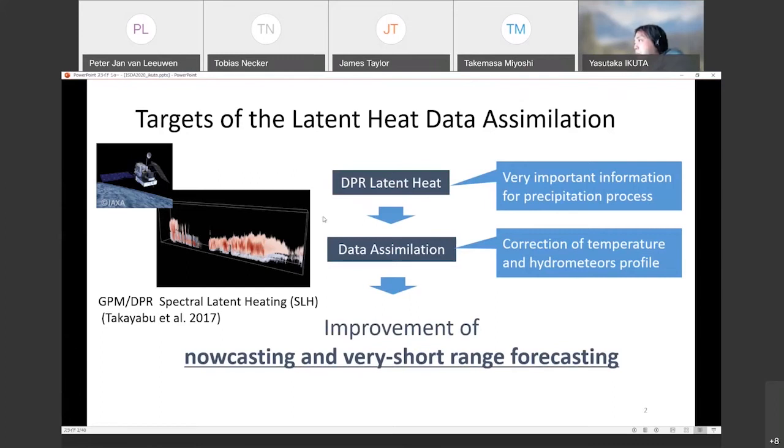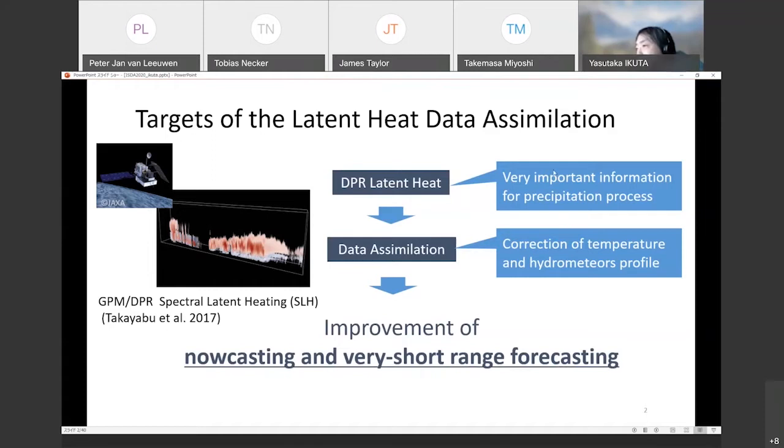So, this figure shows the GPM DPR latent heat product. GPM DPR is a dual frequency precipitation radar on board the GPM core satellite. This latent heating is retrieved from the DPR observation.